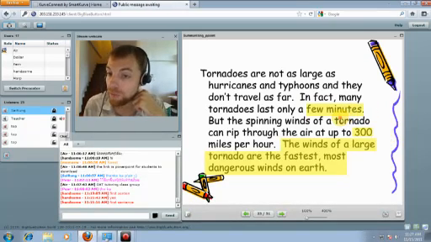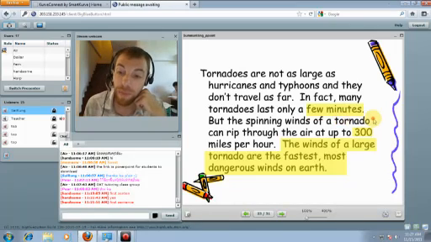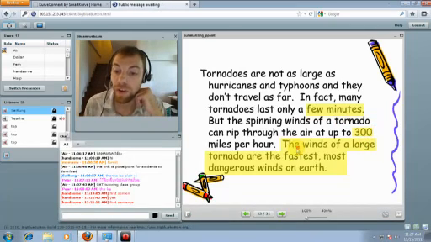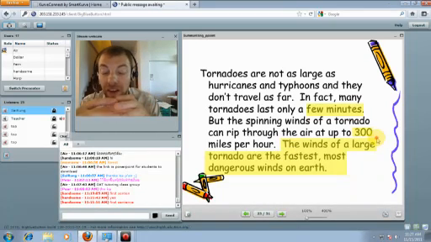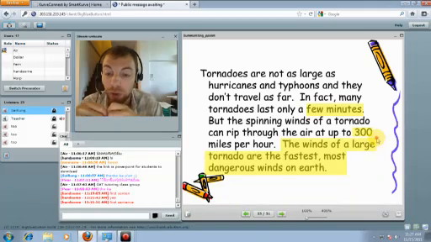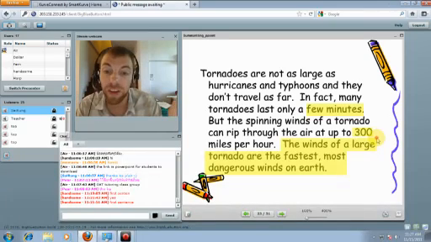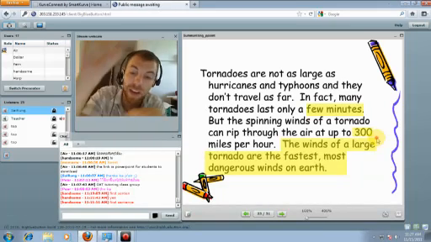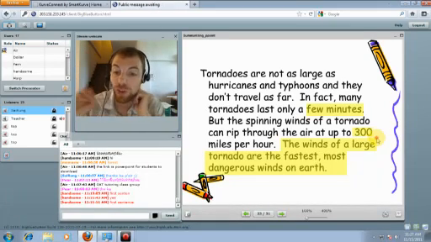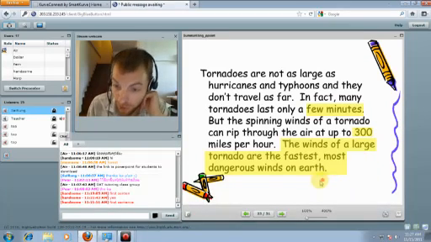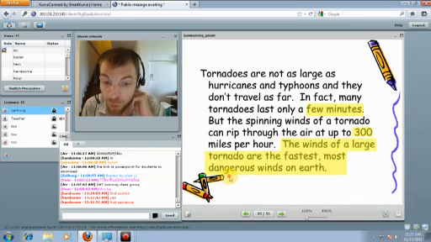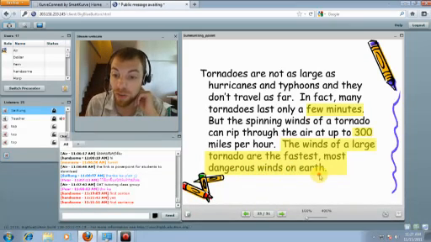Sometimes they're very short, maybe 5 minutes, 10 minutes, but they're very, very powerful. When a tornado comes into a city, it will destroy anything it touches. Houses, trees, everything destroyed. So they're very strong and very, very dangerous. They are the most dangerous winds on Earth.